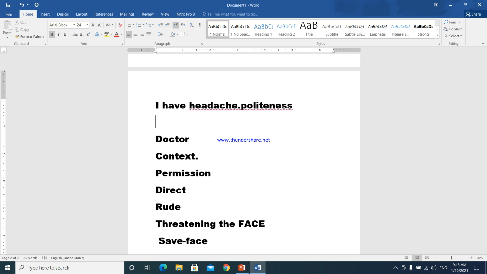لاحظ اللي غير المعنى شنو بهاي الجملة؟ The context. قلنا if it is said by a patient to a doctor, it shows information. It gives information.